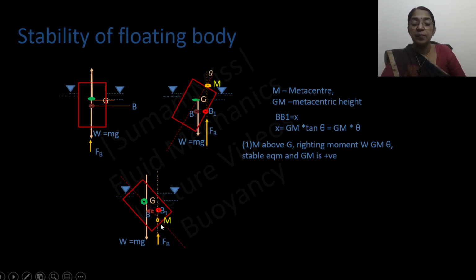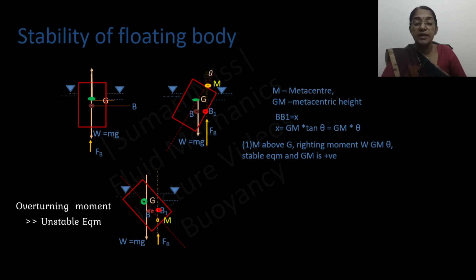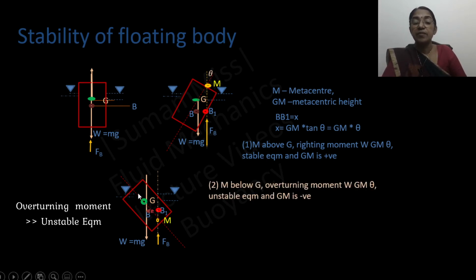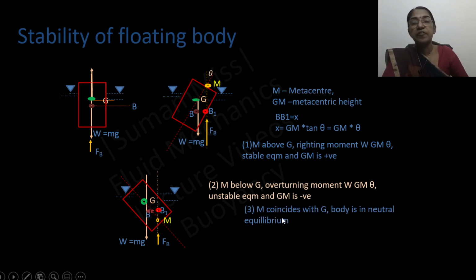In this case, the metacenter is below the center of gravity. If M is below G, an overturning moment W GM theta is developed, and that moment adds to the tilting action, which will lead to unstable equilibrium. So in this case, GM is negative. But if M coincides with G, the body is in neutral equilibrium.